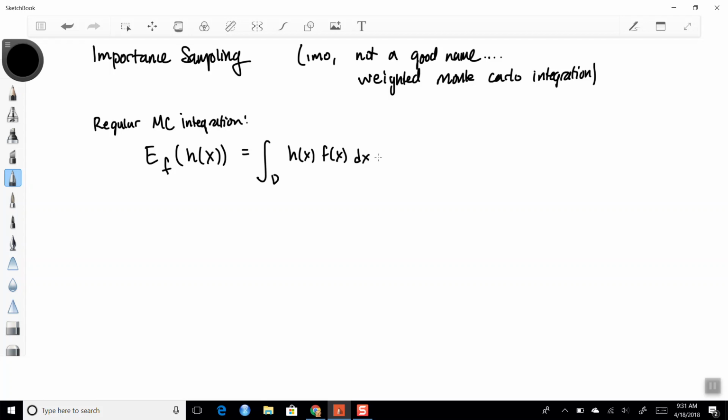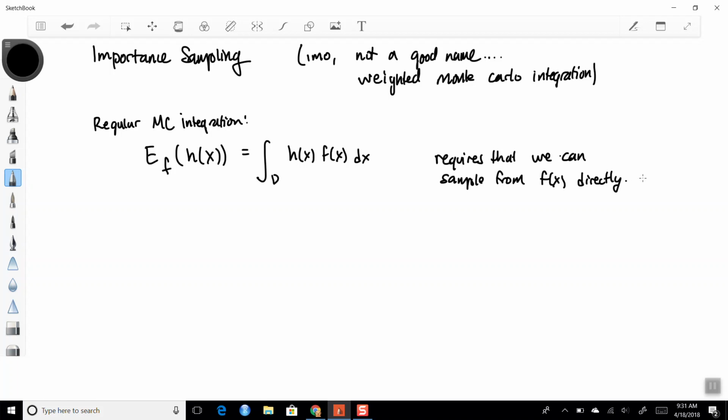Okay, but this requires that we can sample from f of x directly.